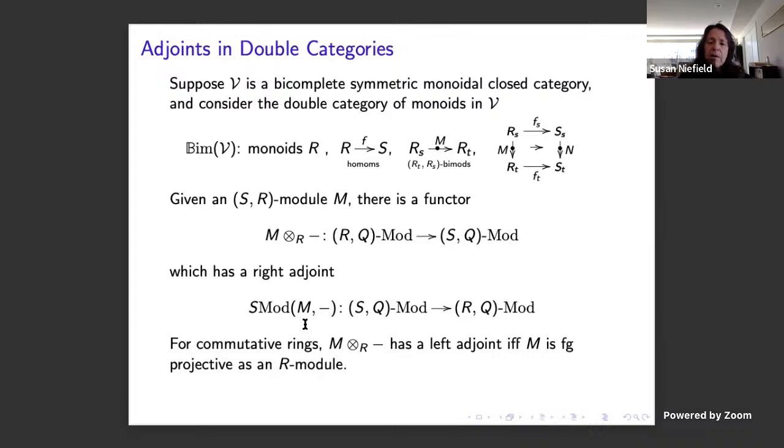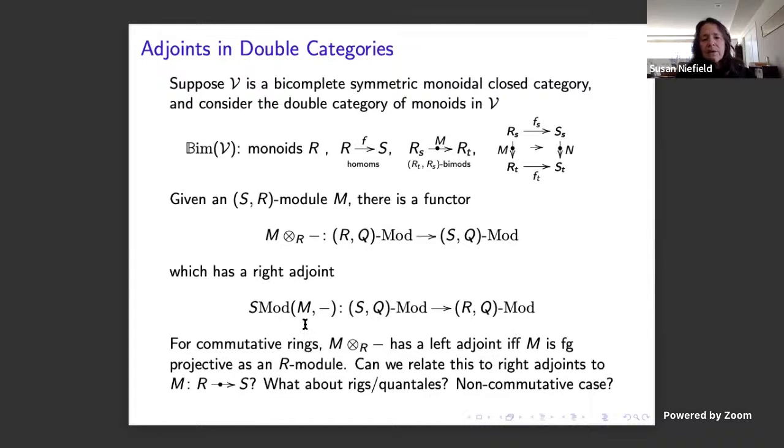And by the way, I was interested in this for commutative rings because tensor product is the coproduct of commutative rings. And the condition for a commutative ring to be co-exponentiable is precisely that as an R module, it's finitely generated and projective. Okay, so that's why I was interested in the commutative case. I was aware that this held for bimodules over a single commutative ring back when I was interested in that and in my thesis.